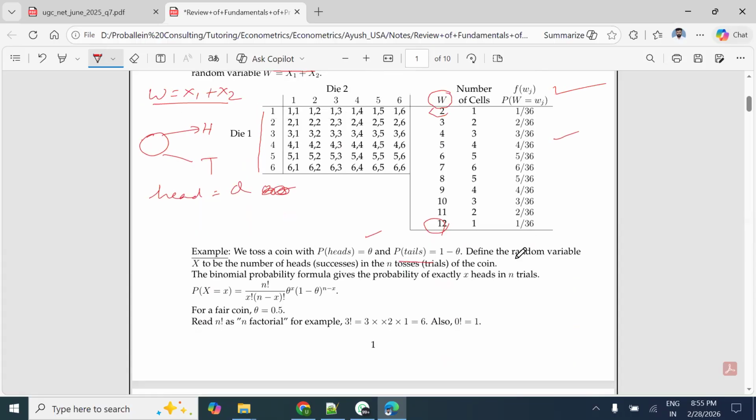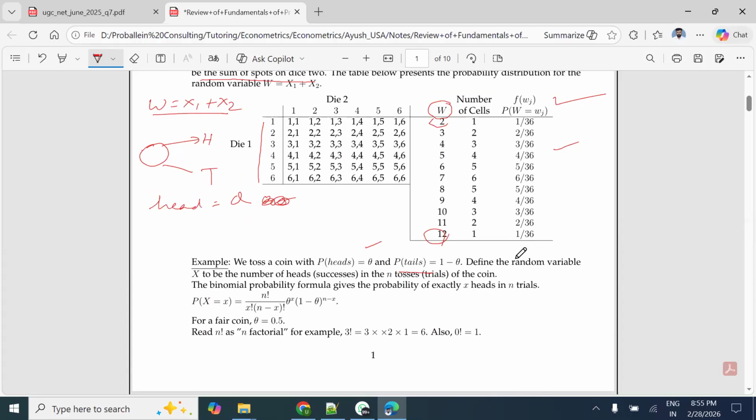If the probability of head is theta, then the probability of tail will be 1 minus theta, because the maximum probability is 1.